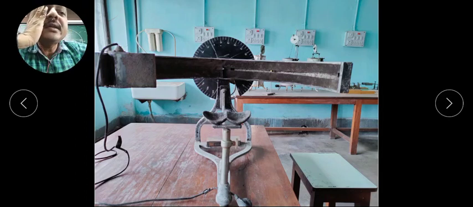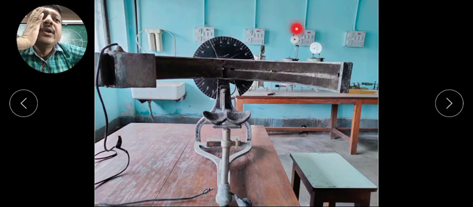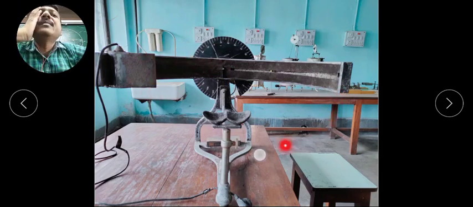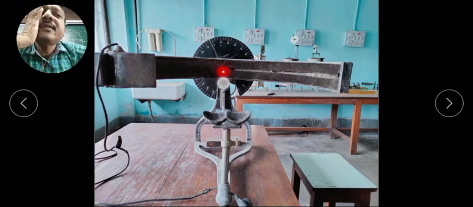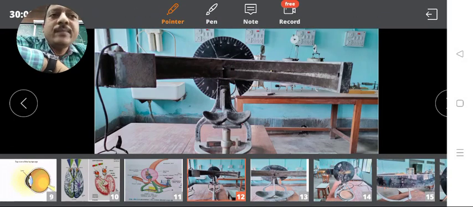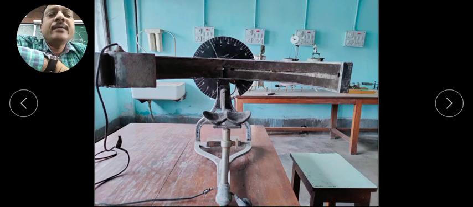So the subject fixes his gaze on the central fixation point, and the surrounding area which is visible is the peripheral visual field. So we have to record the peripheral visual field. Now a test object of 10 millimeter is moved along the metallic arc.